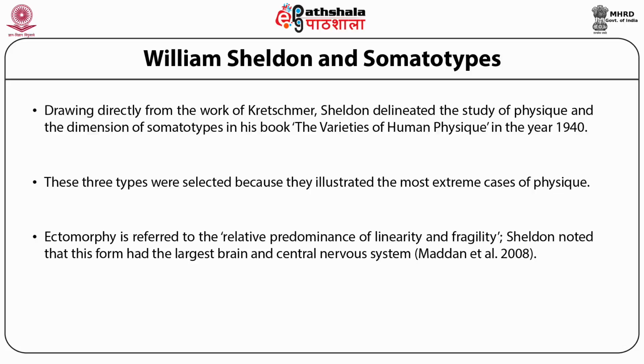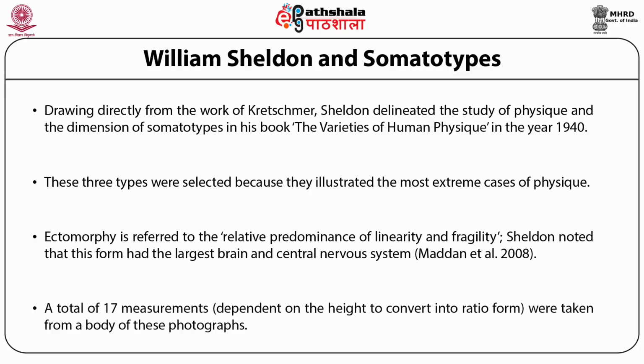In an effort to standardize his method, Sheldon took photographs of naked subjects from 3 angles, the front view, side view and back view, where the subjects stood on a pedestal a certain distance away from the camera. From 400 subjects, 4,000 photographs were collected and examined. A total of 17 measurements were taken from the body in these photographs.